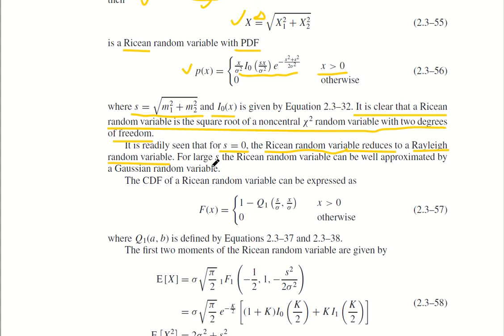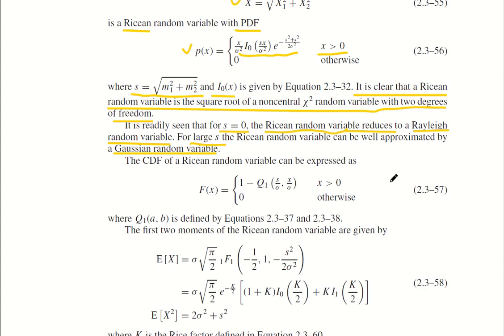And for large s, the Rician random variable can be well approximated by a Gaussian random variable for large x. We are going to have a lot of large numbers later on, which is similar to the last statement, but we will do it later. And then the CDF of a Rician random variable is expressed by this one.